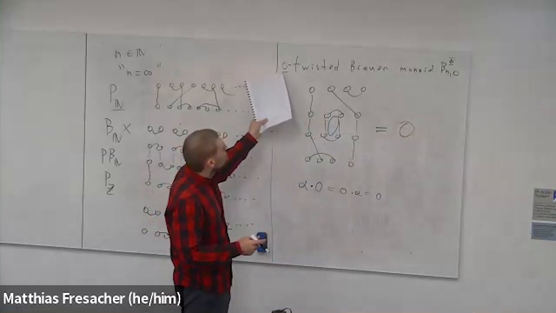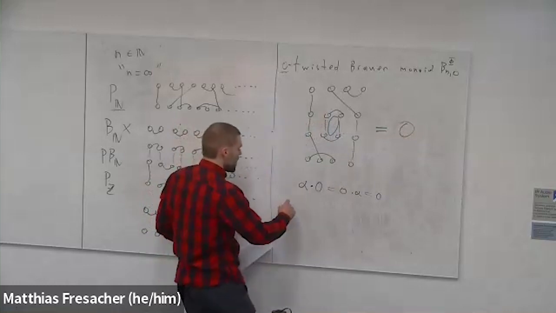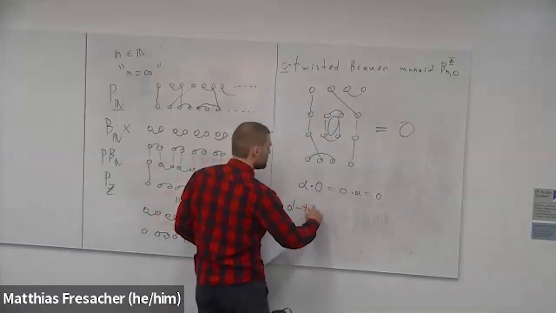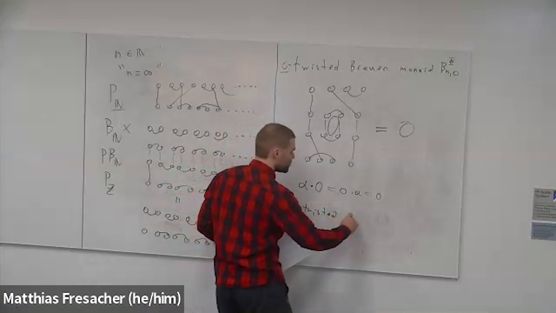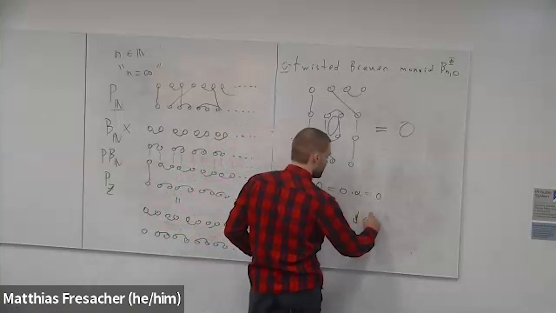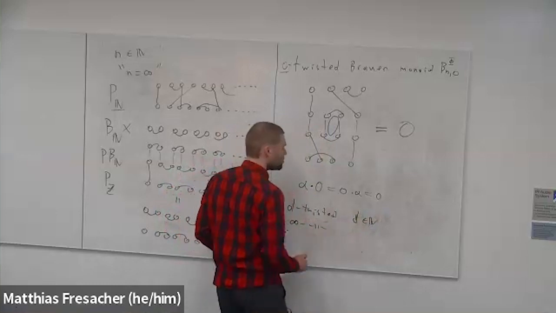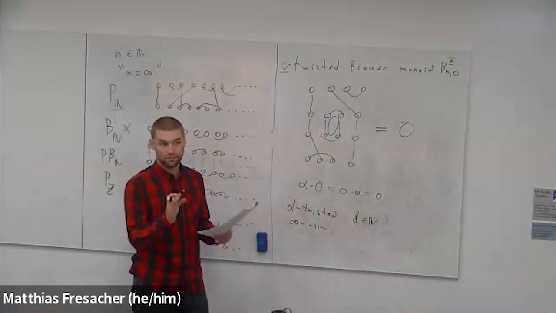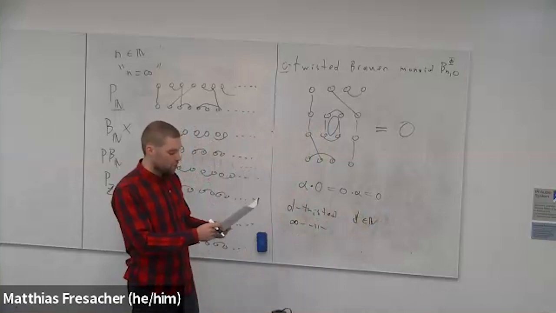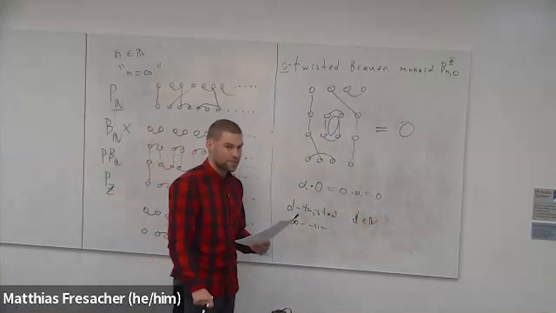And as I said, this is the 0 twisted version. You can have a D twisted version for basically any natural number. And there is also kind of an infinite twisted version as well, which is even more exotic. I don't quite have time to get into those details.